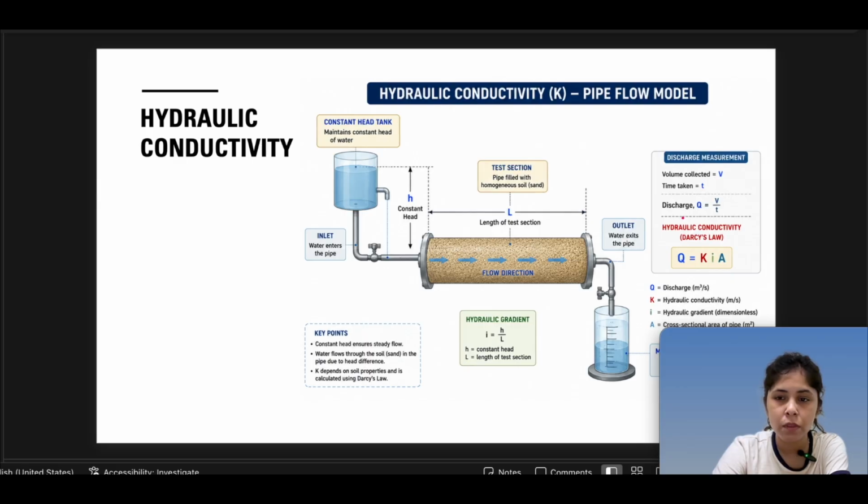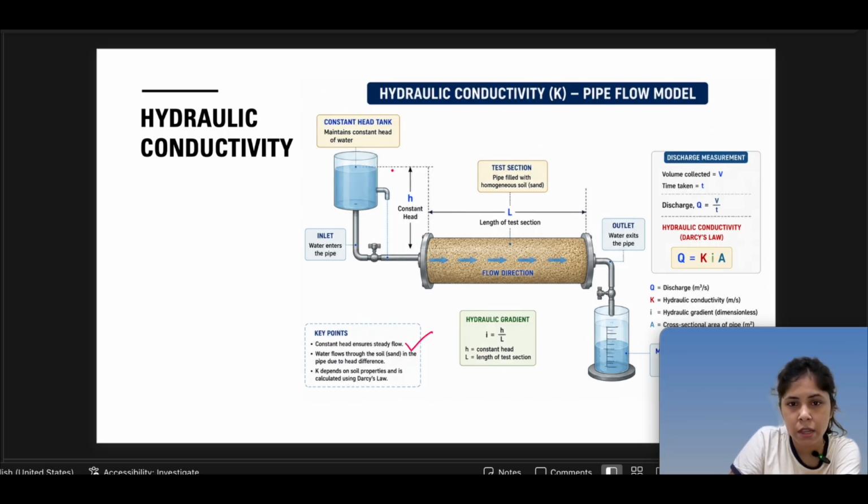Hydraulic conductivity is given by Darcy's law, which we are going to discuss. This is the experimental setup that Darcy used. The key point we need to ensure for calculating the hydraulic conductivity is a constant head.